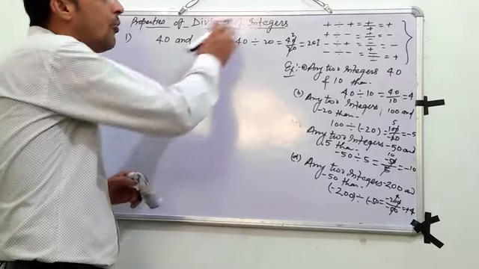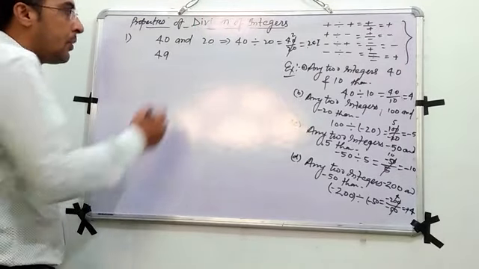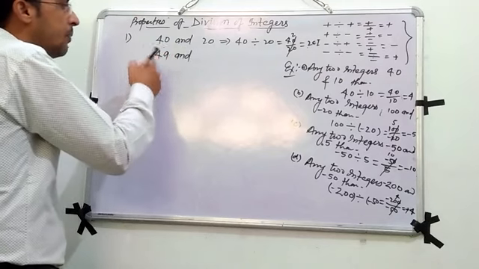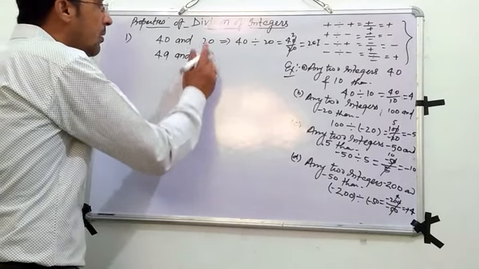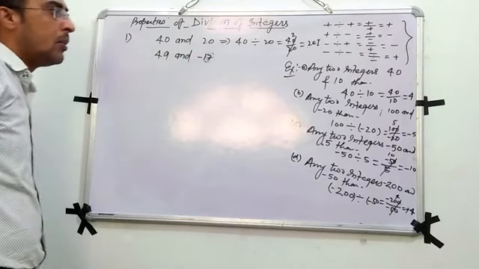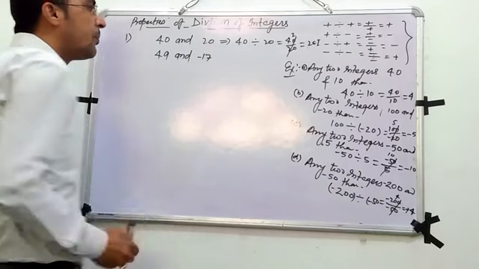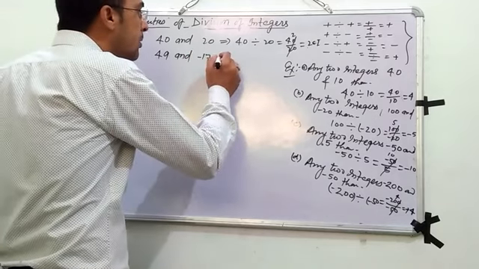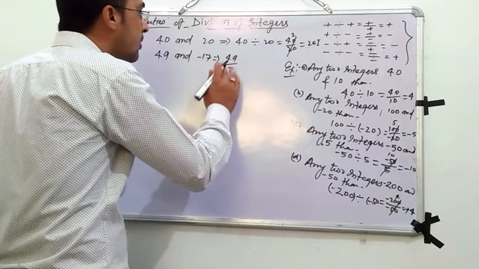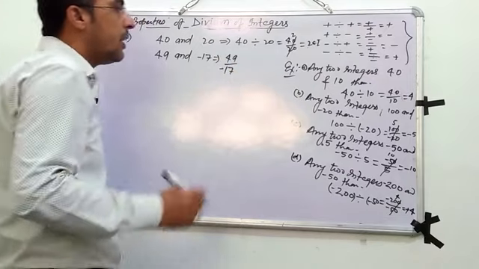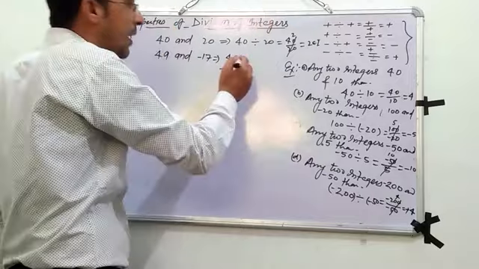for division of integers. Suppose a number is 49, which is an integer, and suppose minus 17, no problem. Then their division will be 49 divided by minus 17. Plus divided by minus, the result will be minus.